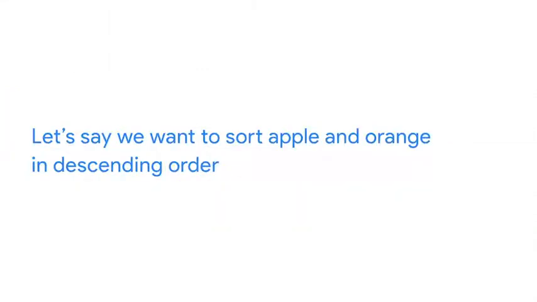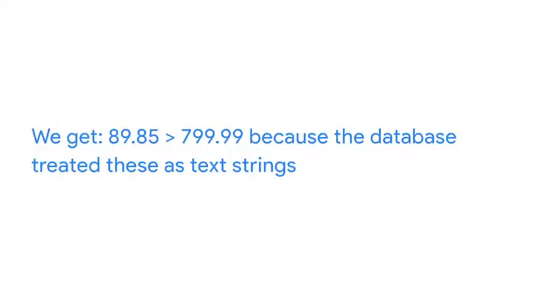So if we want to sort the words apple and orange in descending order, we start with the first letters, A and O. Since O comes after A, orange will show up first, then apple. The database did the same with 89.85 and 799.99. It started with the first character, which in this case was an 8 and 7, respectively.